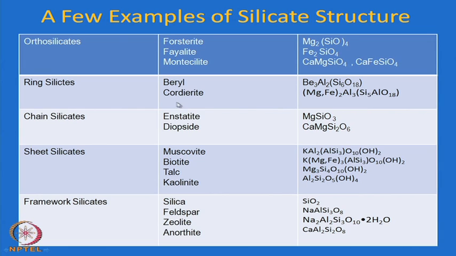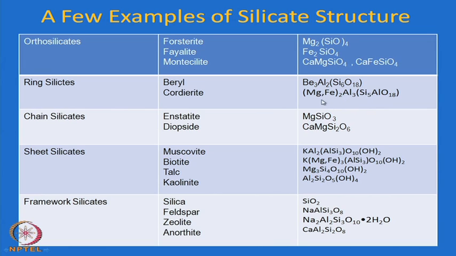And the next one is cordierite, once again a ring silicate, and here you can see there is aluminum. You see Si6O18, a 6-member ring, and part of it has been replaced by aluminum, and other cations have been added. So, it has become Si5Al, one silicon has been replaced by aluminum.